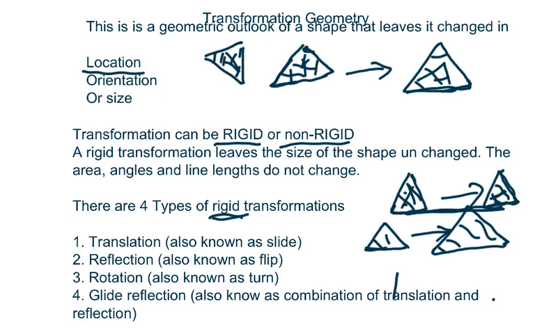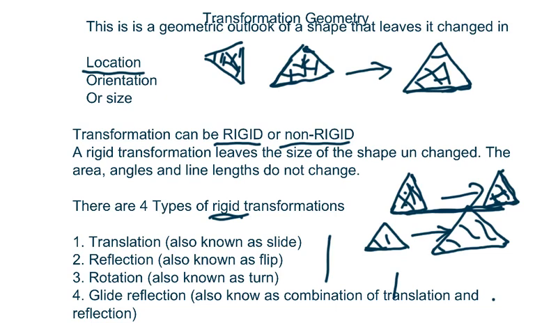The other one is a reflection, which is also known as a flip. The other one is a rotation, which is also known as a turn. And the other one is a glide reflection, a combination of a translation and a reflection. So these 4 are regarded as rigid transformations.